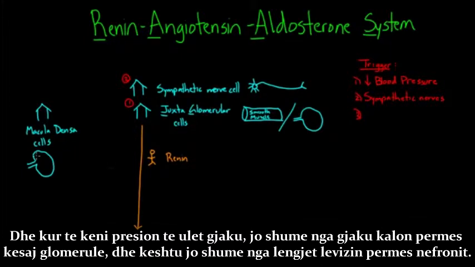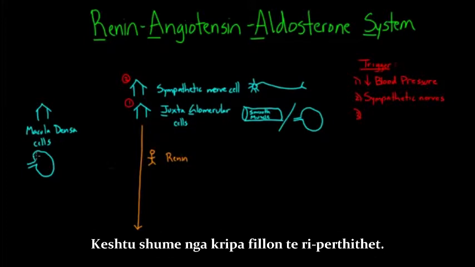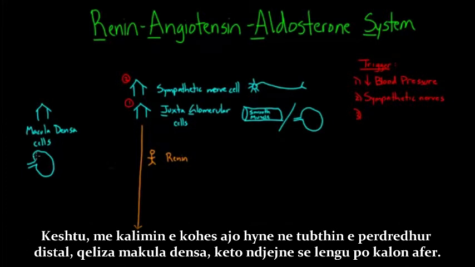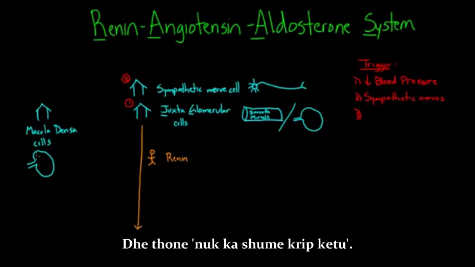And when you have low blood pressure, not a lot of blood is moving through that glomerulus, and so not a lot of fluid is moving through the nephron as a result, and a lot of the salt is being reabsorbed. So by the time it gets to that distal convoluted tubule, the macula densa cells are tasting or sensing the fluid that goes by, and they say, there's not a lot of salt here.